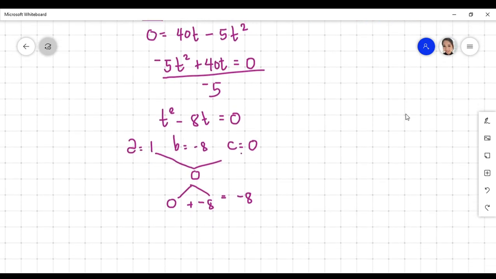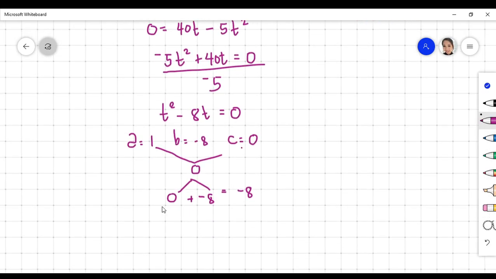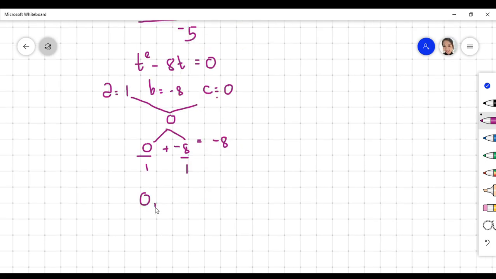So divide both sides by 1. So that is 0 and negative 8. So do not forget to flip or change the signs. So 0 has no sign, so that is 0 as is, and then negative 8 becomes positive 8. Therefore, our t is either 0 or t is 8.